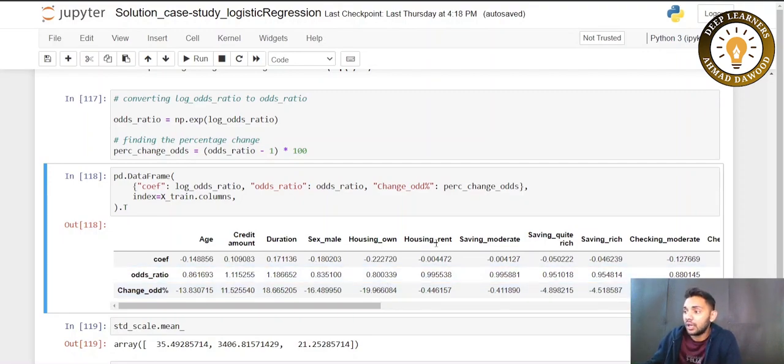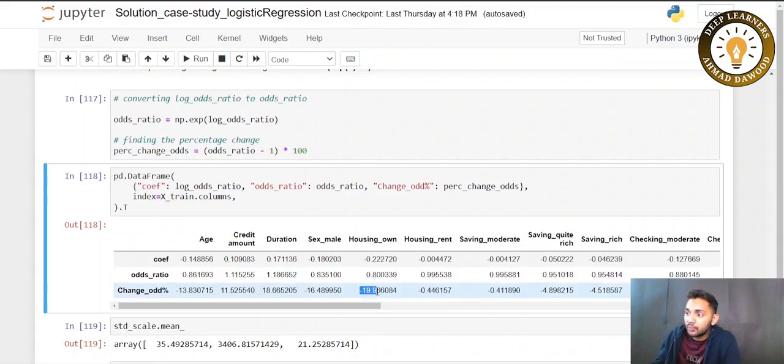And one another concept that I have told you: here we have k minus 1 categorical columns against each categorical column. So housing rent, housing own, and housing free we do not have here, and it will be considered when both housing own and housing rent variable values are zero. So we will use housing free, which column is not here, as a reference.